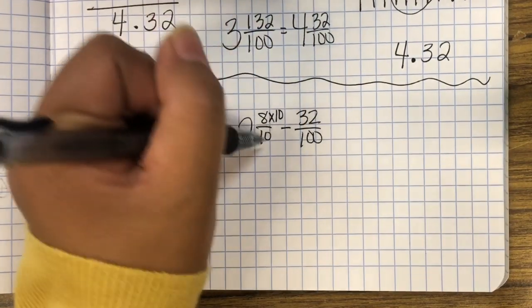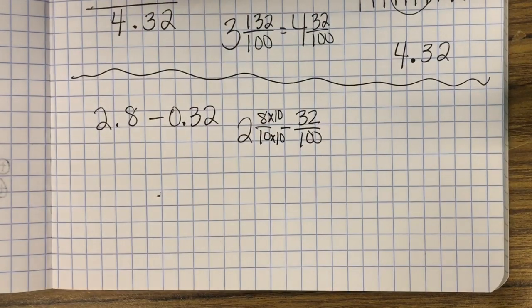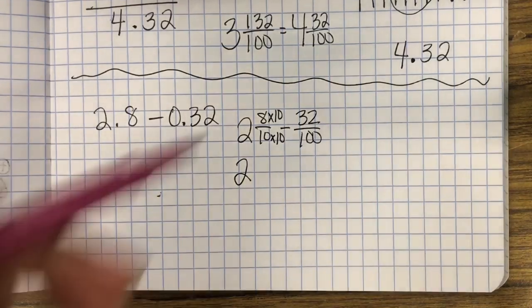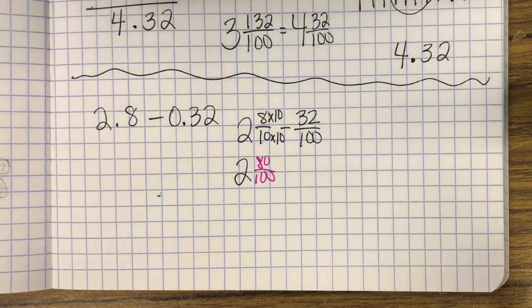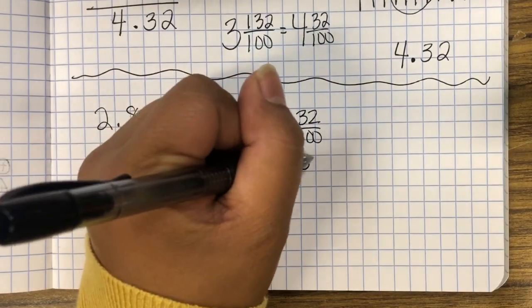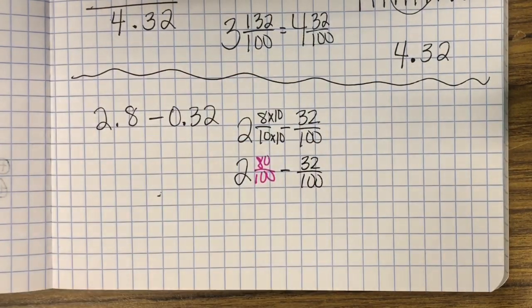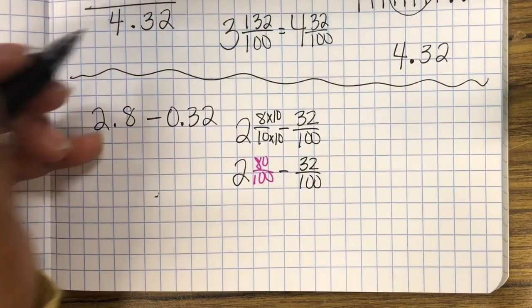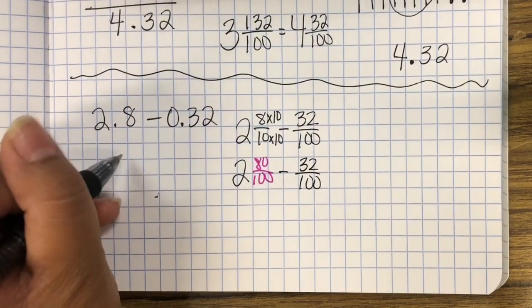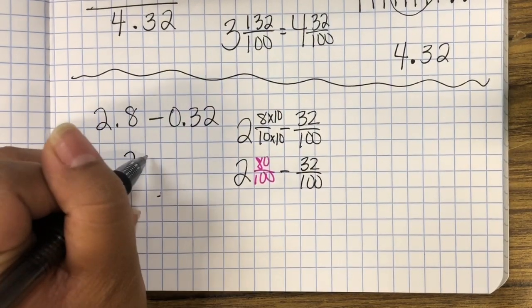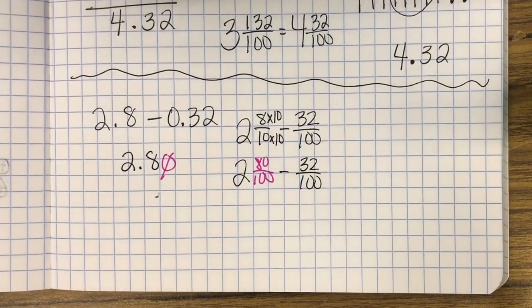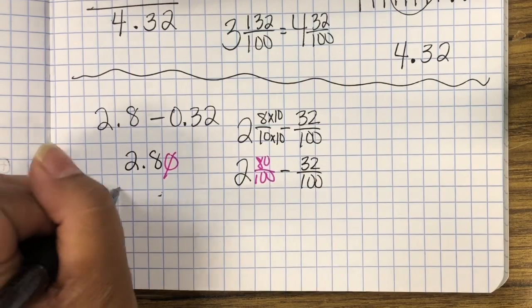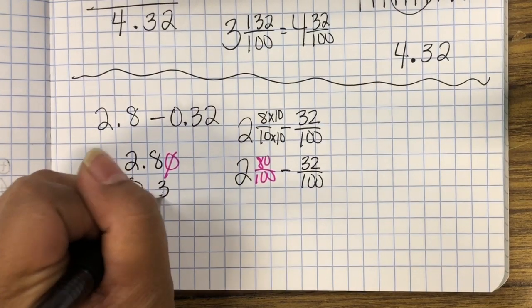So times 10, which gives us 2 and 80 hundredths subtracted by 32 hundredths. Over here, if we want to match it, we have 2 and 80 hundredths, because adding a 0 doesn't change the value of it, subtracted by 0.32.